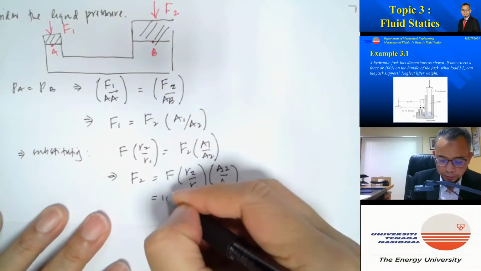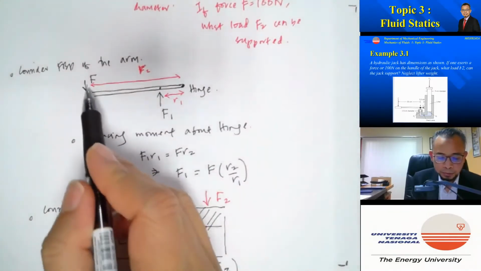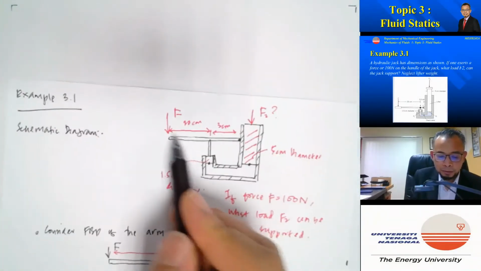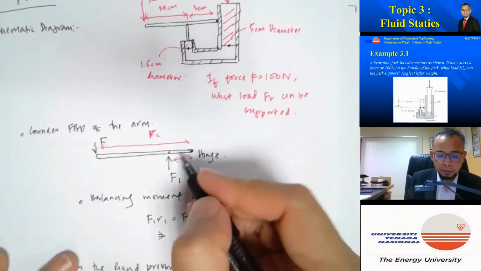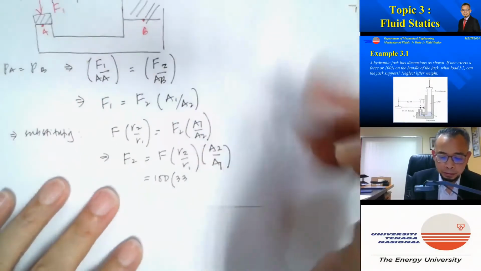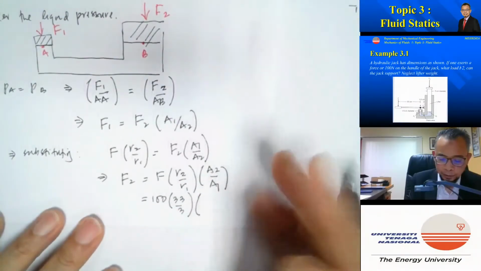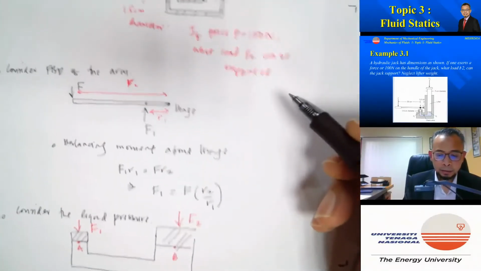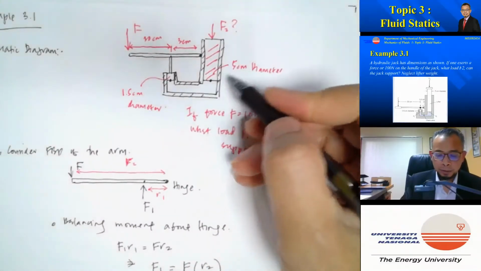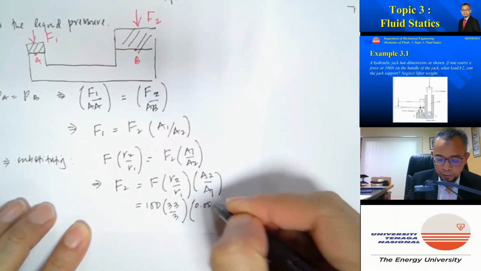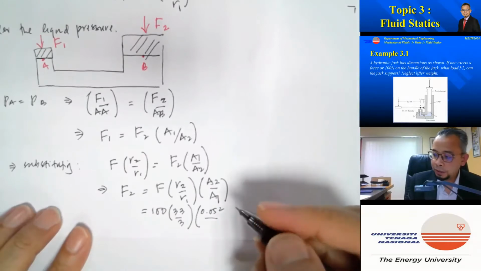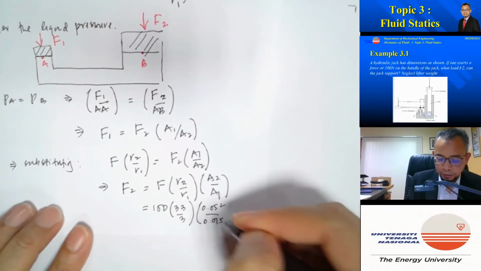So this gives us the force is 100 Newton. So 100. R2 is this distance here, so this distance here is 30 plus 3, so 33 cm. R1 is 3. And then the area A2, the diameter is 5, so it's 0.05 squared divided by 0.015 squared.